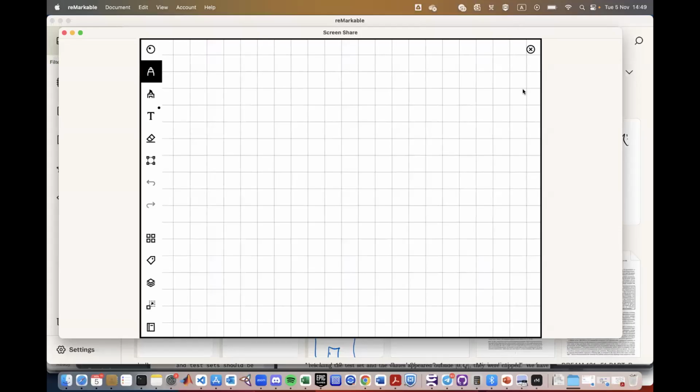And I hide floating menu. Just to double check, let me see. Where do I see? Here it is. Can you please confirm that you see my screen in Zoom? Yeah, we can hear it.